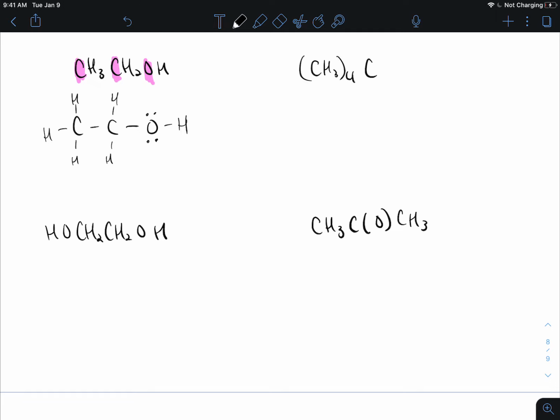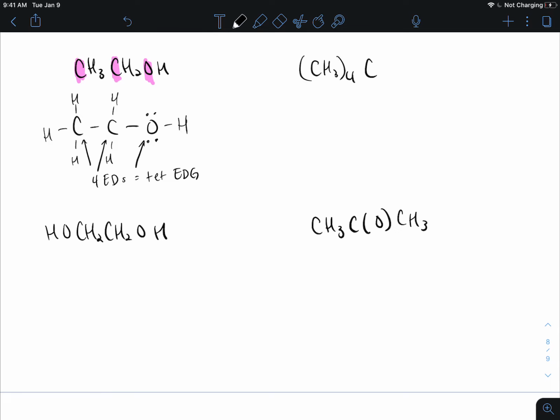Okay, so here we have 3 central atoms. Each one has 4 electron groups, or electron domains. So they're all tetrahedral electron domain geometries.